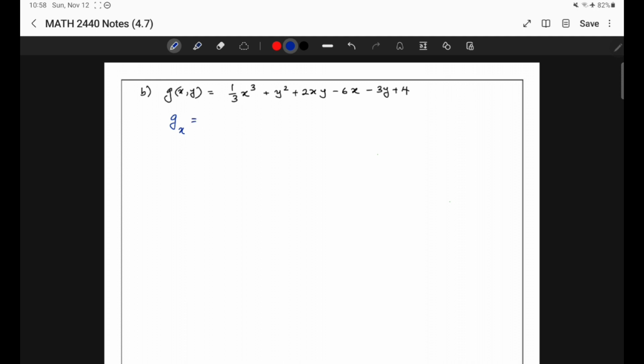Partial derivative with respect to x is x squared plus 2y minus 6. Partial derivative with respect to y is 2y plus 2x minus 3. Now, both are defined on R2.